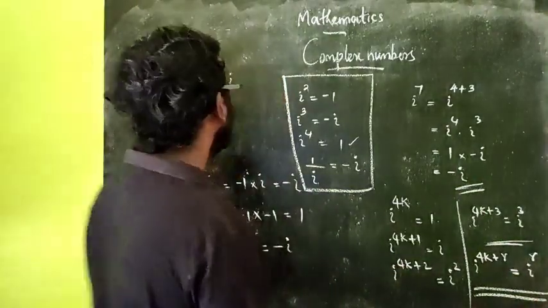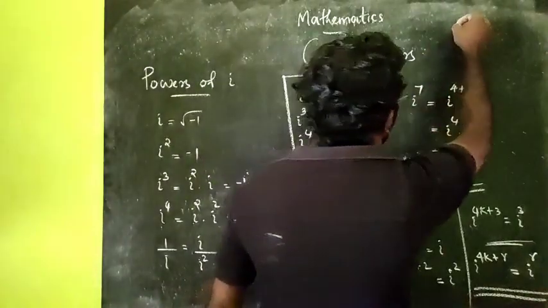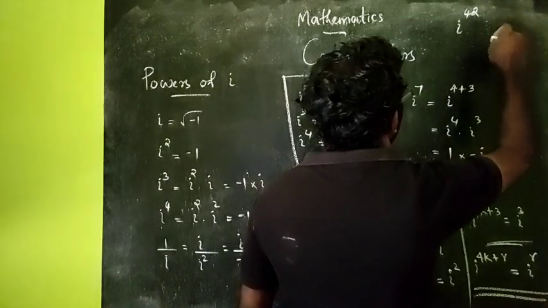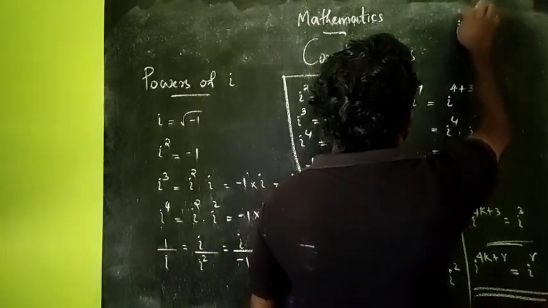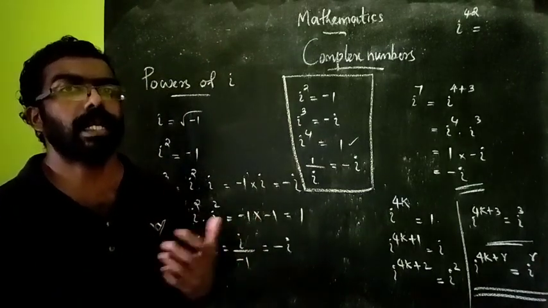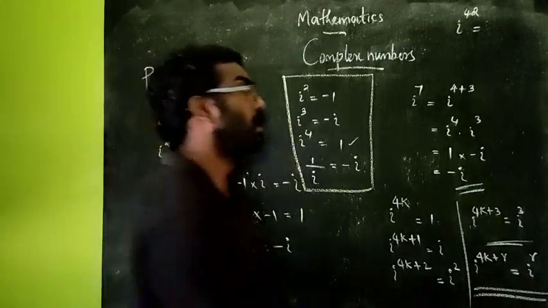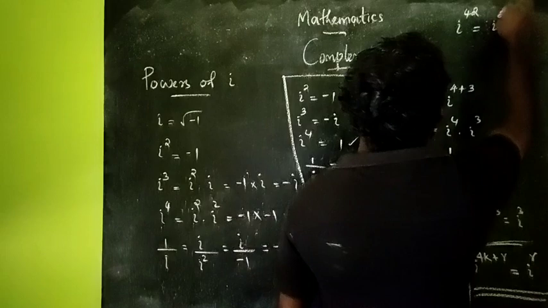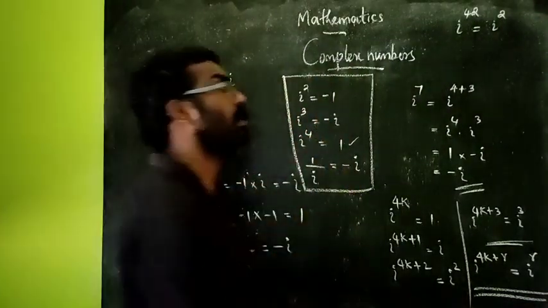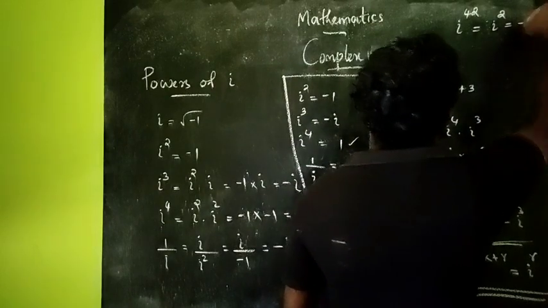Okay. Let us consider an example. We have to find i raised to 42. Here we have to divide 42 by 4. 10 times, and 2 is the remainder. So this will be equal to i square. And i square, we know the value of what? -1. So we can easily write -1.